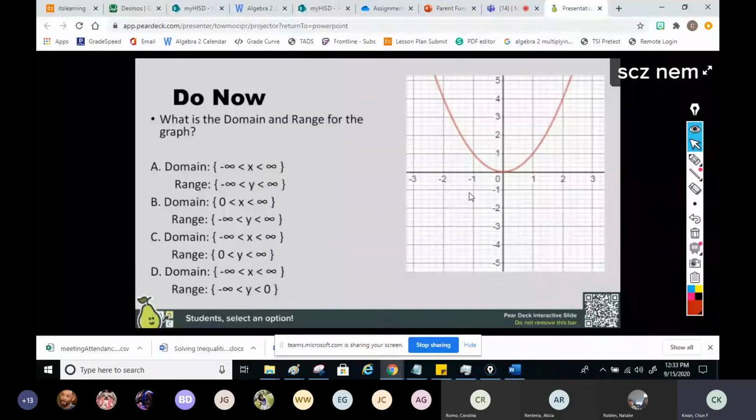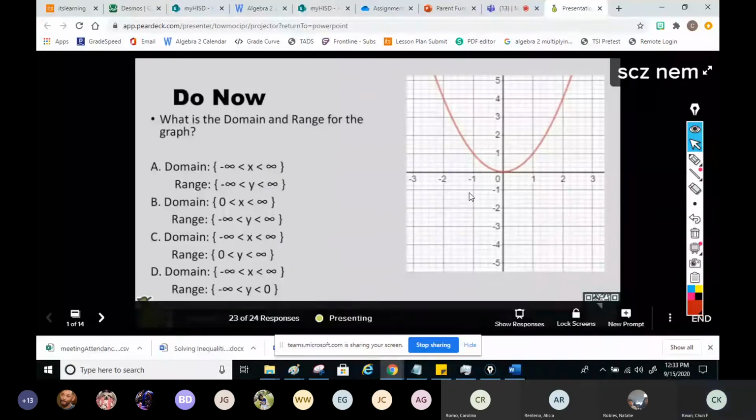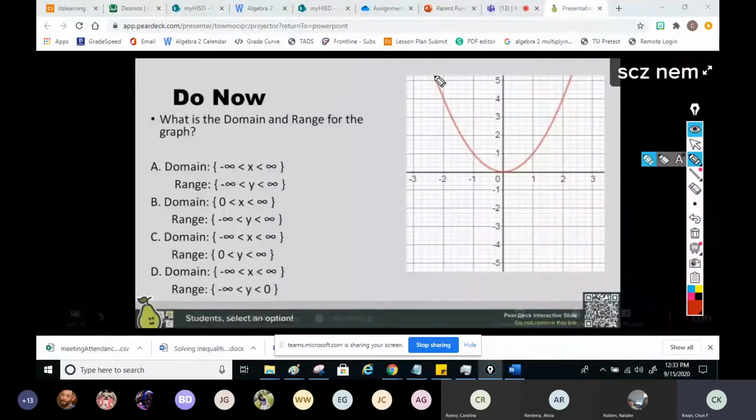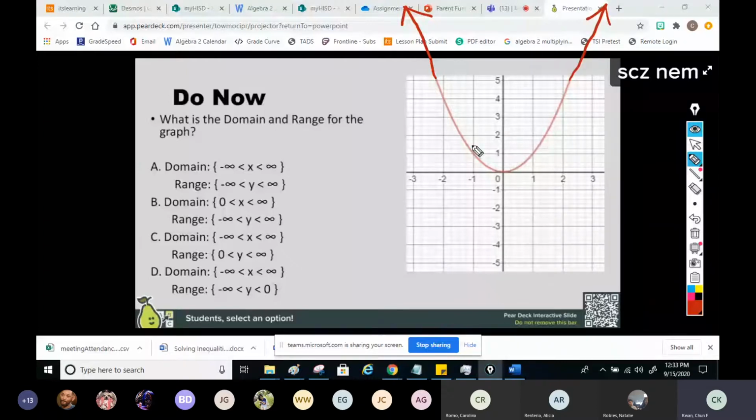Okay, so when you look at the graph, you have to make sure that you extend the graph. So I know it stops right here, but if it touches the edge of the graph, imagine that it keeps on going forever to the upper left. And then same on the right side. Imagine that it keeps on going forever to the upper right. So it will keep on going up and up and up, further and further left. And then the same with the right side.